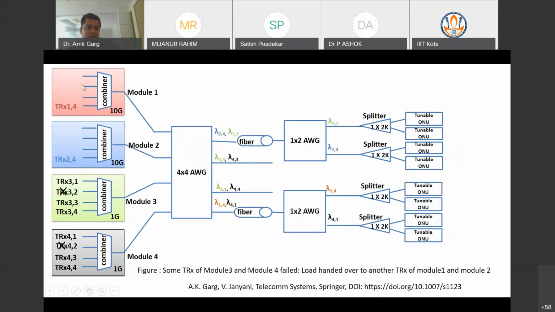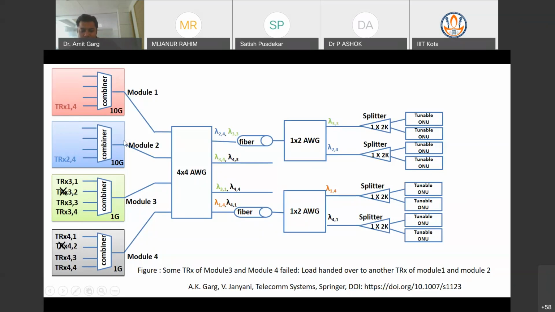Similarly, if a particular transmitter failed, suppose instead of the link, this TRX32 or this TRX42 failed, then this can be compensated by module 1. If we turn on this lambda 1.4, then we can provide the service. Similarly, in case of module 4.2, we can turn on TRX24, the transmitter 4 of module 2, and then we can avail the services.